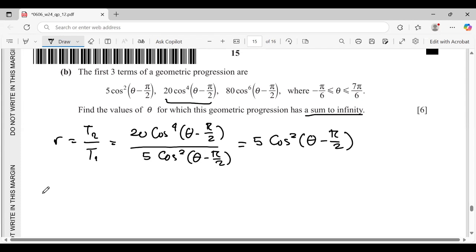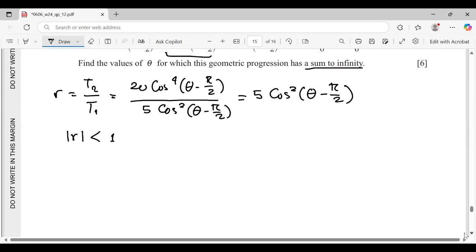And after that, for a geometric progression to have a sum to infinity, the common ratio must satisfy modulus r less than 1. So I would like to write that 4 cosine squared, modulus of cosine squared of theta minus pi half, less than 1.